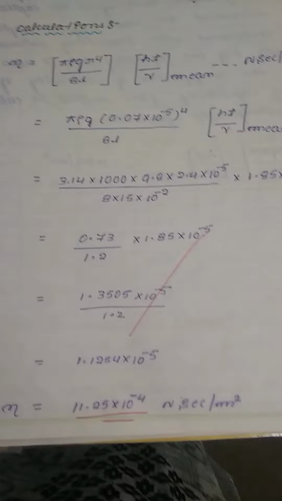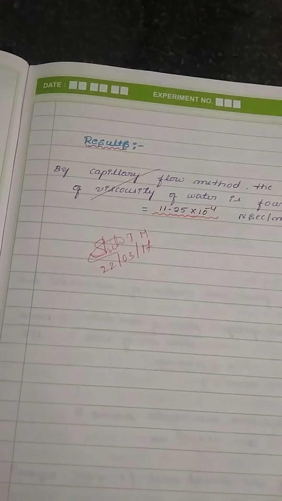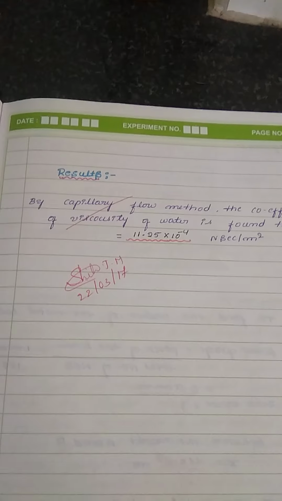Using the calculator you have to calculate all values. Finally you get the answer, viscosity of water 11.25 into 10 power minus 4 Newton second per meter square. Okay, this is the experiment of viscosity of water by capillary flow method. Thank you.